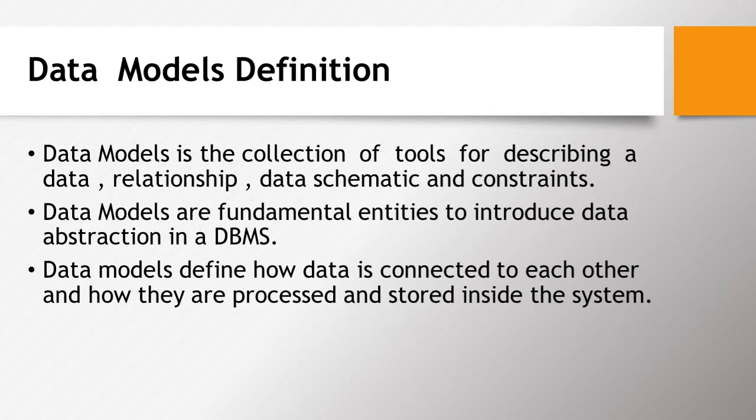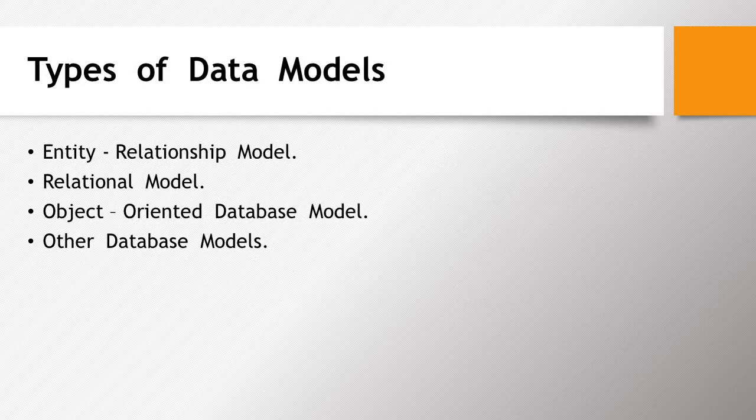This data model defines the logical structure of a database to be modeled. It also defines how the data is connected to each other and how they are processed and stored inside the system. Now we are going to see the topic types of data models.